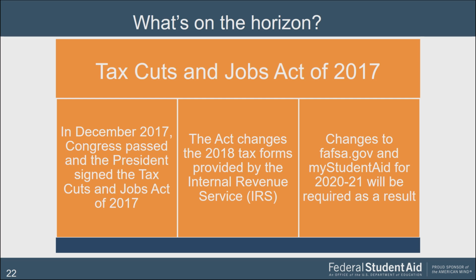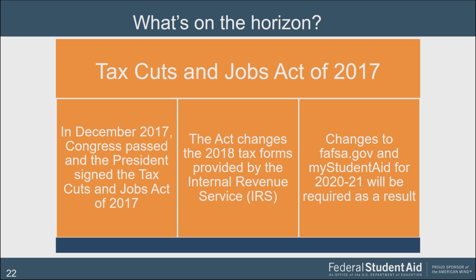But we have tried to identify a way to come up with a proxy that represents those people who previously filed or were eligible to file a 1040A or EZ. And what we've come up with is Schedule 1.